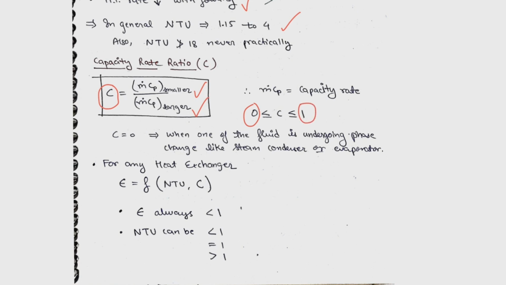When one of the fluids is undergoing phase change, then m dot Cp is infinite, therefore C will become 0. In the other case, when both the fluids have the same heat capacity rates, then C will become equal to 1. For any heat exchanger, effectiveness is a function of NTU and C.